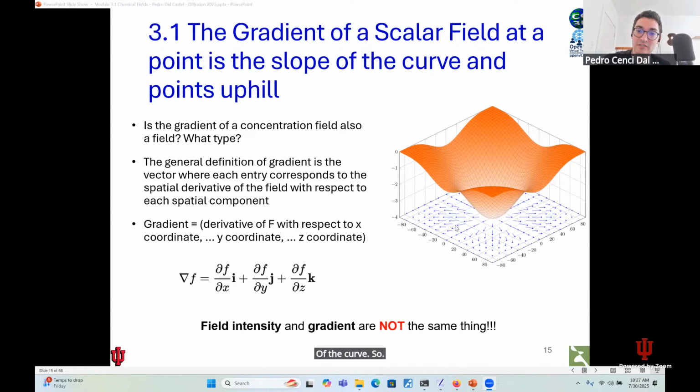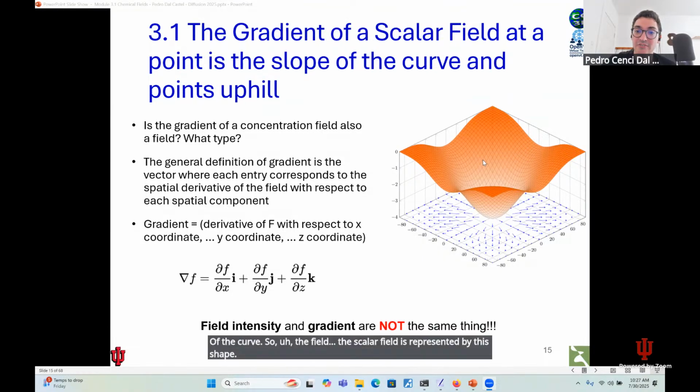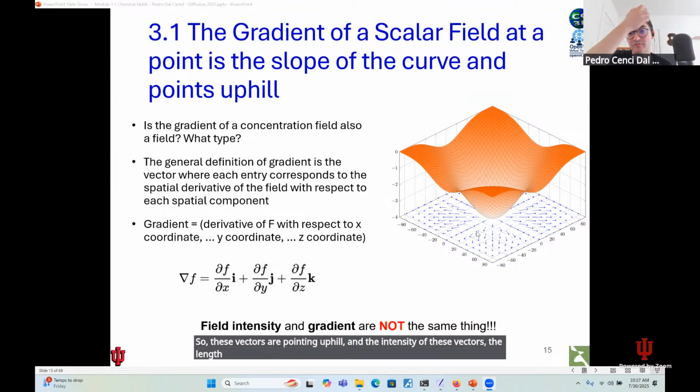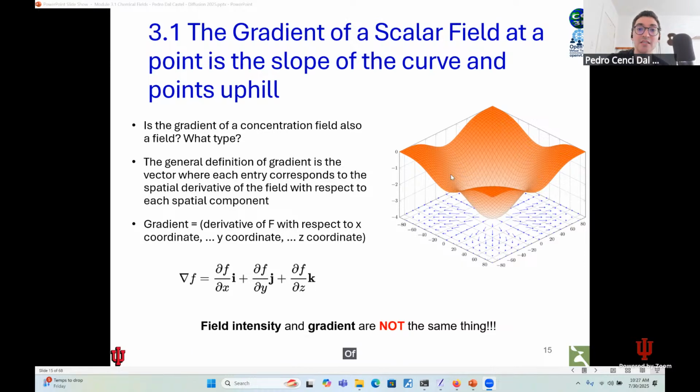So the scalar field is represented by this shape, and the vector field is represented by these arrows here on the xy plane. So these vectors are pointing uphill, and the intensity of these vectors, the length or the absolute value of these vectors, is the slope of the curve in the point where you're measuring the gradients.